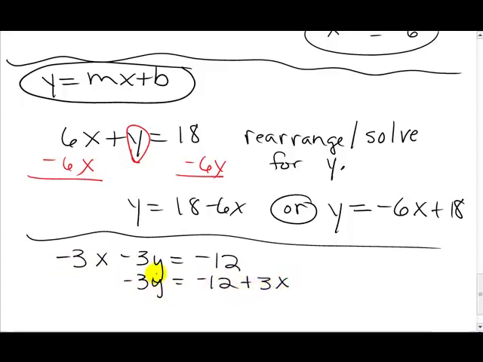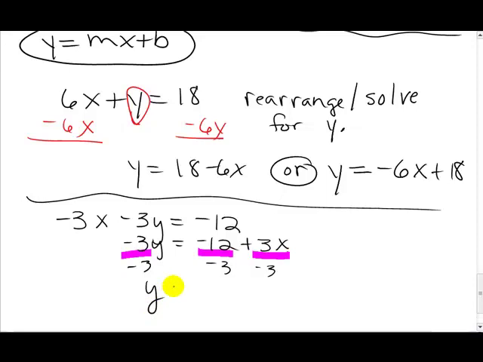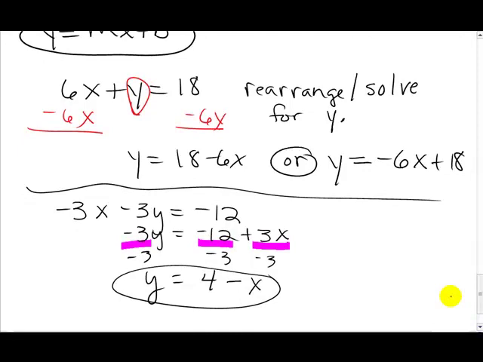Then we want to come through, and we're going to divide all the way by negative 3. So y equals a positive 4 minus, excuse me, x. And here, this is solve for y, getting the y alone.